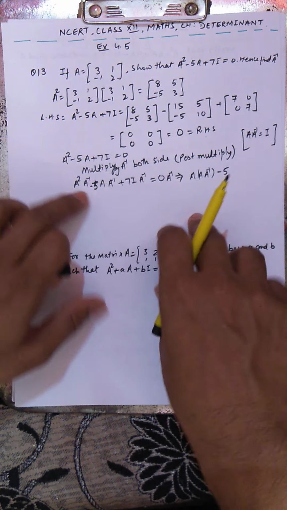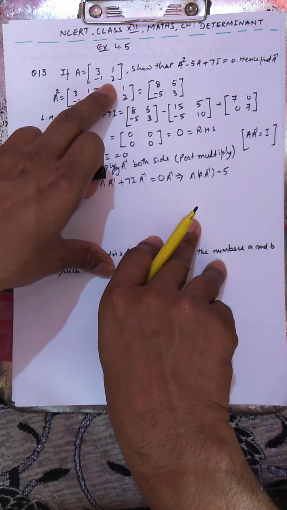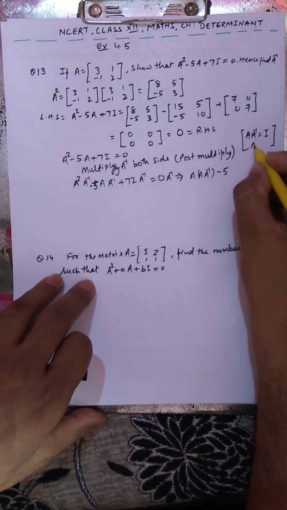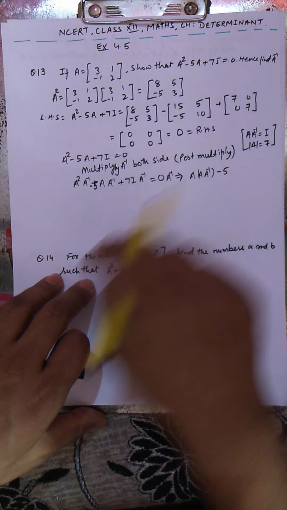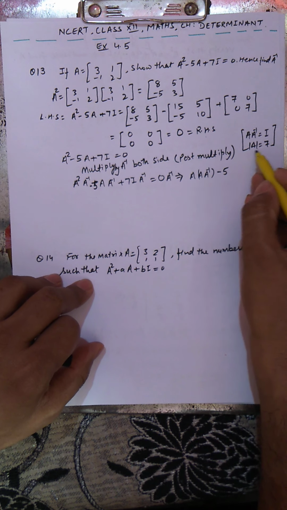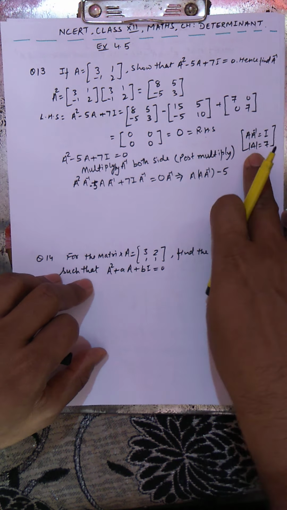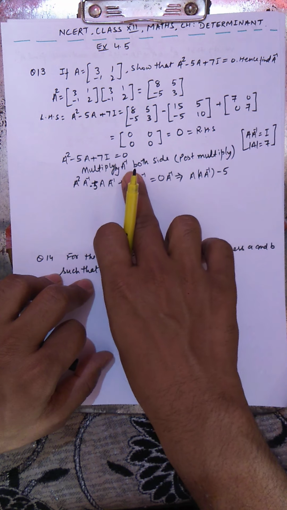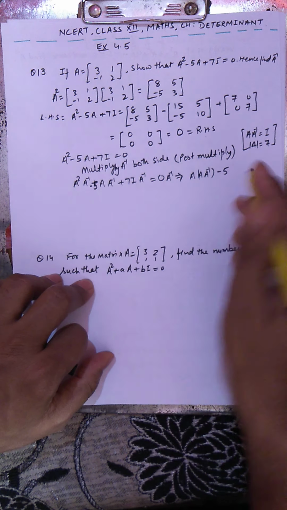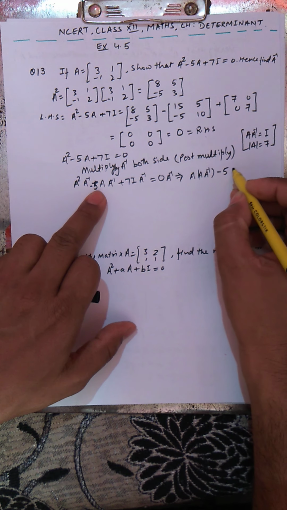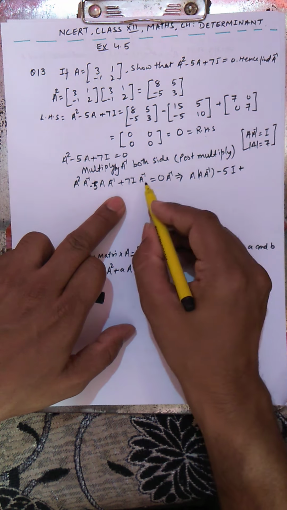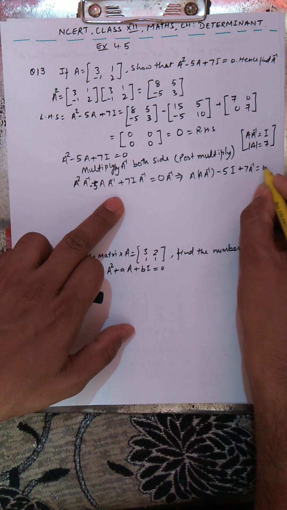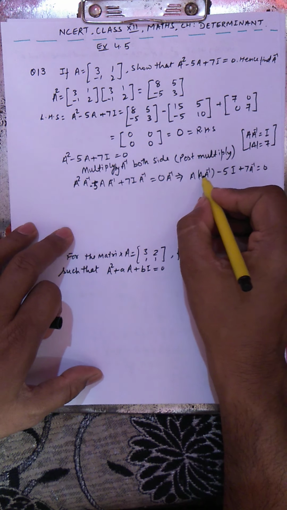So we can see the determinant. This is 3 into 2, 6, and plus 1, so the determinant of A is 7. This means that A is non-singular, so the inverse exists. So we can multiply both sides by A inverse. This becomes I, and I into A inverse is again A inverse, so you can write A inverse, and this equals 0, and this becomes I.